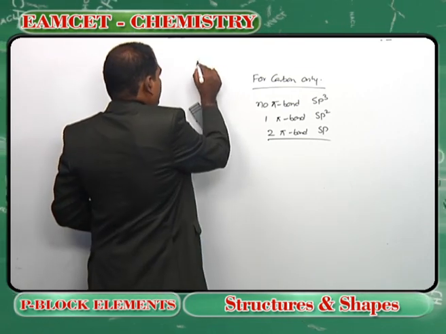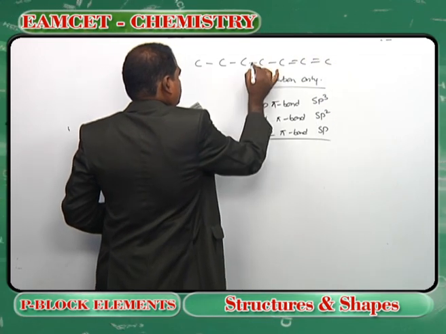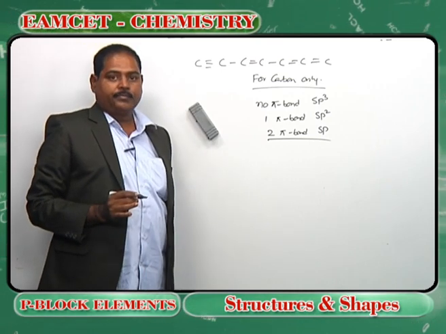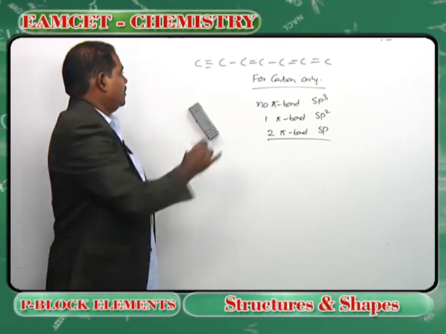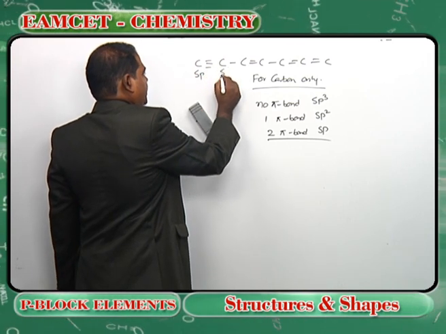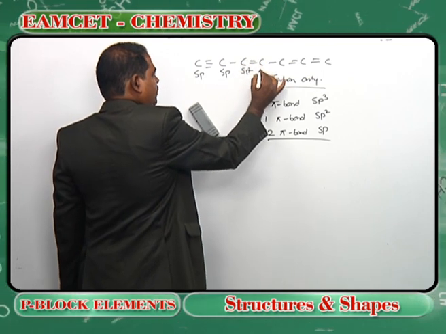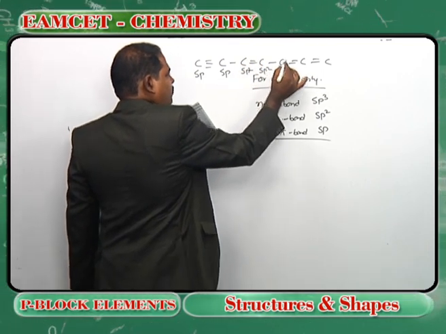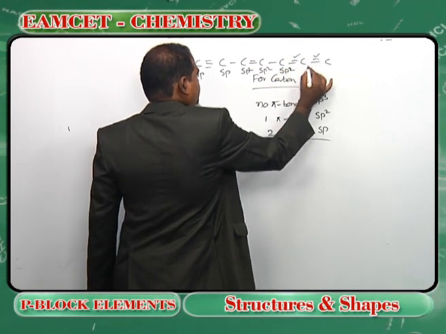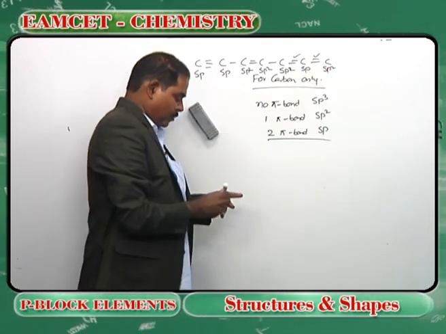So, if you have a molecule like this, C, several carbons, what is the hybridization of this particular carbon? This particular carbon, 2 pi bonds, sp; 1 pi bond, sp2; 1 pi bond, sp2; 1 pi bond, sp2. But this carbon has 2 pi bonds, sp. This carbon has 1 pi bond, sp2.